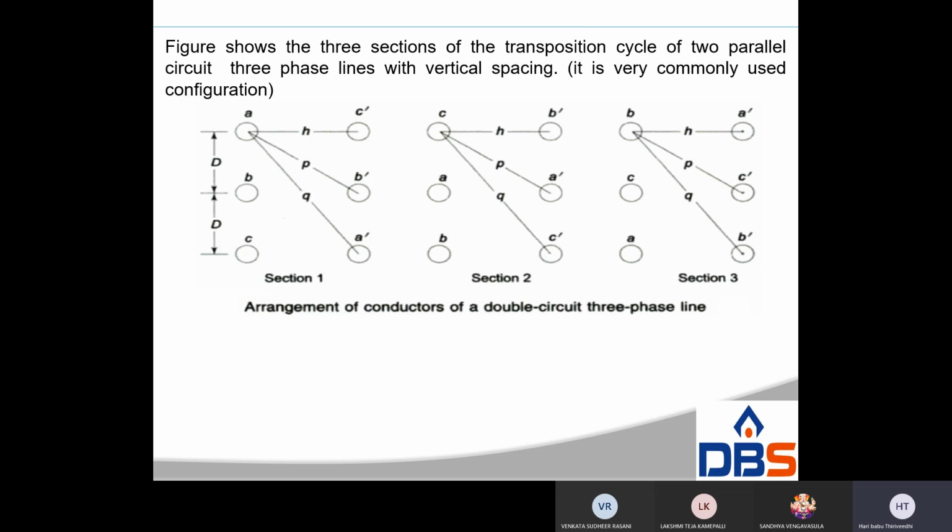Similarly, DBC: DBC, DB dash C dash, DB dash C, DBC dash, whole power 1 by 4. Like that, DCA also: DCA, DC dash A dash, DC dash A, DCA dash, whole power 1 by 4. Now you have to determine the overall GMD. GMD is equal to DAB multiplied by DBC multiplied by DCA, whole power 1 by 3.